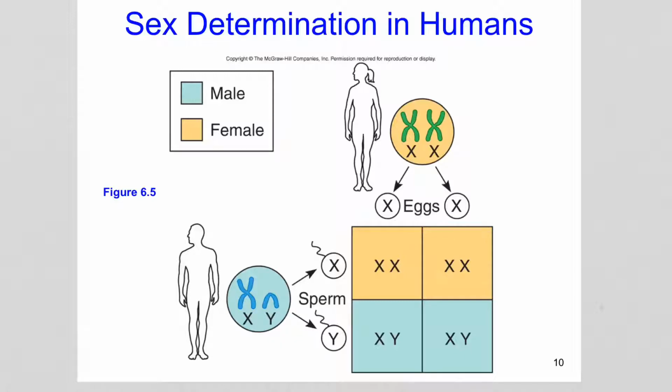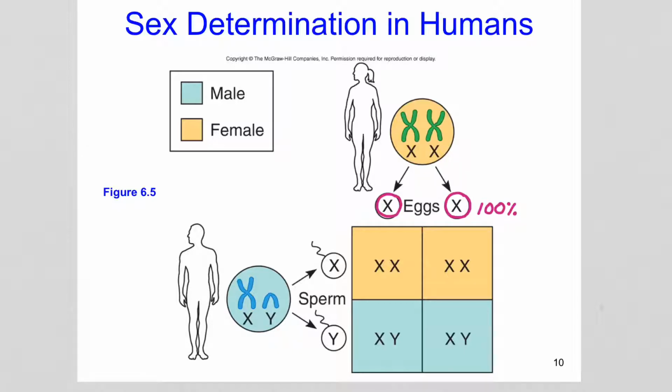So when passing on these chromosomes to the next generation, these homologs are separated during the first round of meiosis, and then the sister chromatids that make them up are split up again. So for a female, she has a 100% chance of passing on an X chromosome to her offspring.